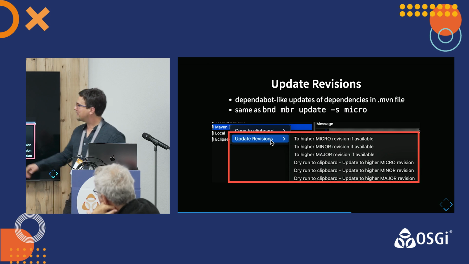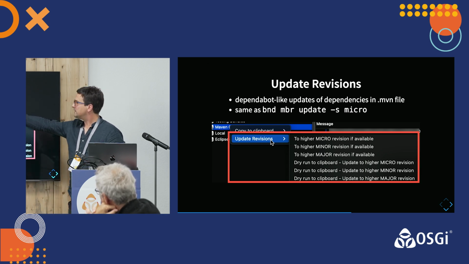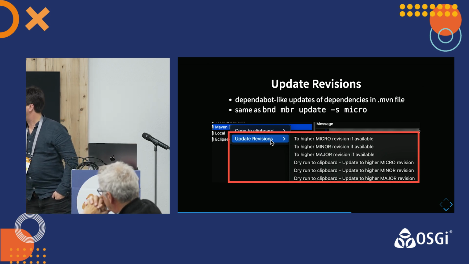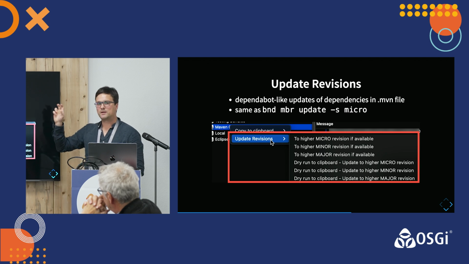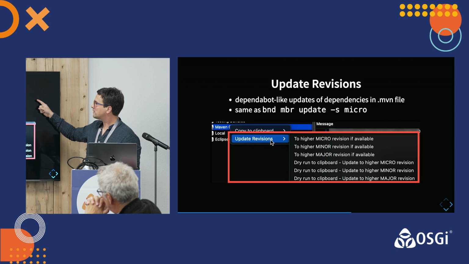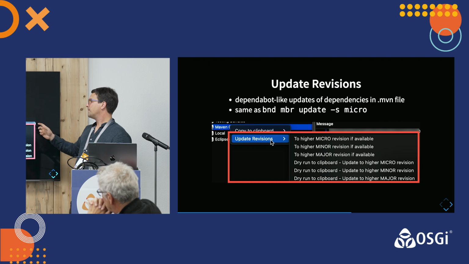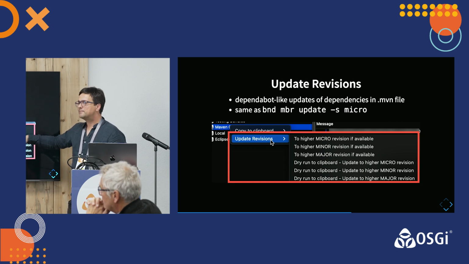Another entry which was added is the update revisions. On the BND command line, there's also already this BND MBR update command, and it's basically a Dependabot-light kind of thing, which updates all your dependencies in your Maven file to the latest micro, minor, or major version, whatever you want. So these are the things which really do the update.